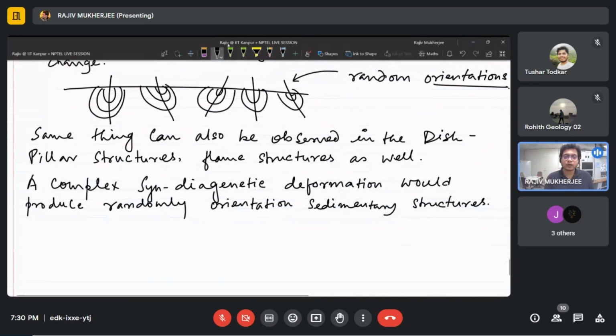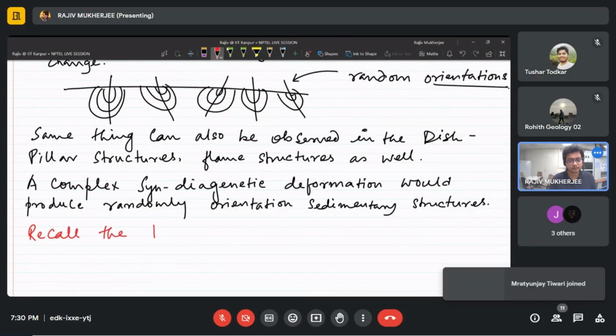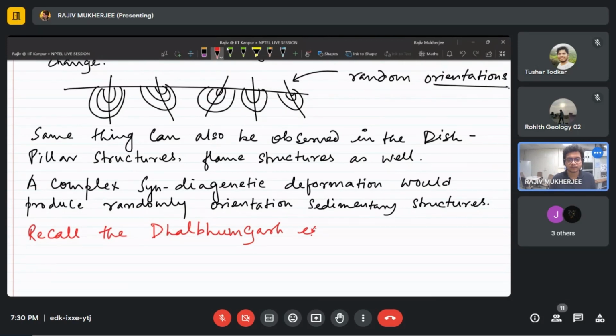So recall the Dhalbhungar exposure. You must have seen it in the video. There were a lot of dish and pillar structures, right? And they were all oriented haphazardly. So I was explaining that part, and I told that complex deformations have produced these random orientations.